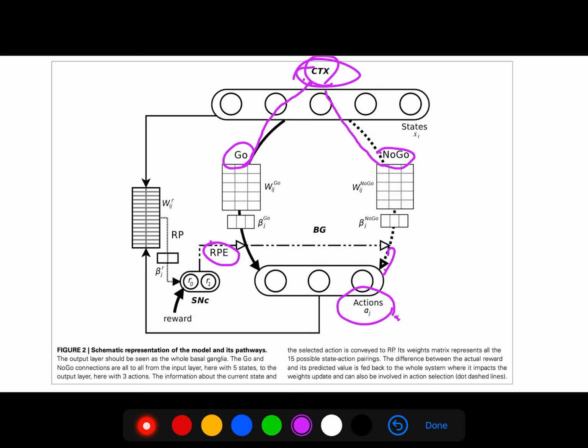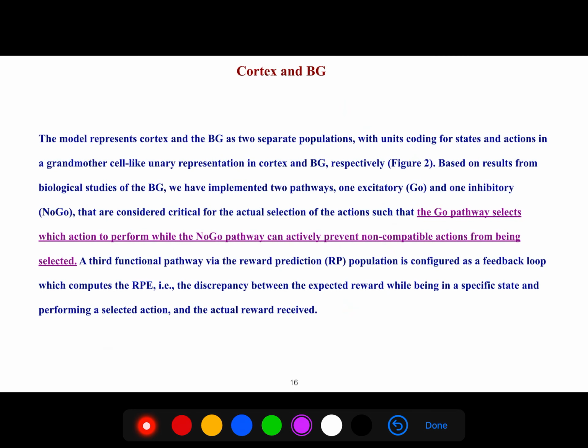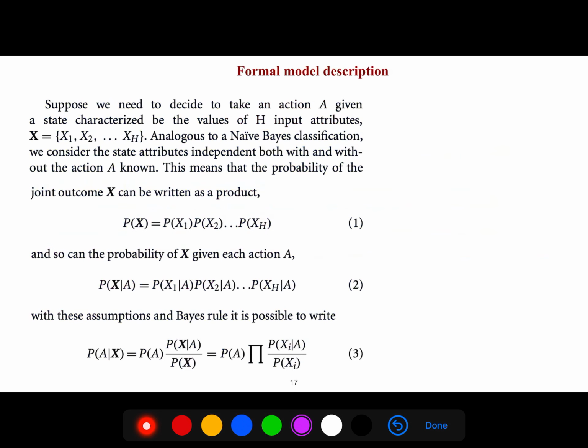And here it generates the action. So cortex and basal ganglia are very important. The go pathway selects which action to perform, while the no-go pathway can actively prevent non-compatible actions from being selected. So it's like an inhibitory system, the no-go system.